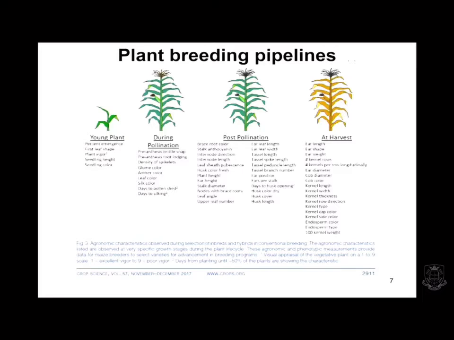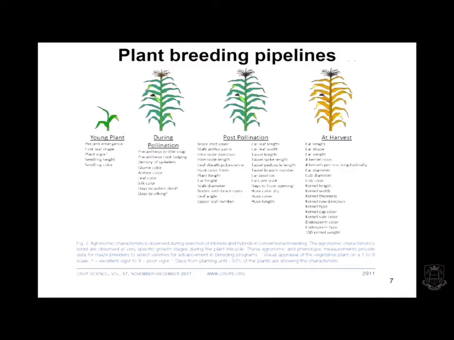That's a huge amount of information, but it's also a lot of work. So plant breeding is an awful lot of work. So these are pipelines that are in place by big seed companies. So this is just to give you an idea of scale and what the objective of plant breeding is.